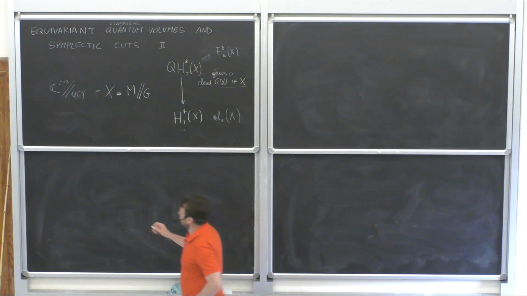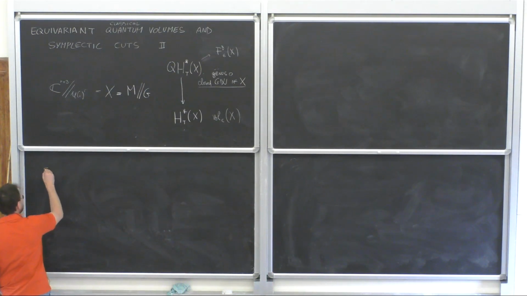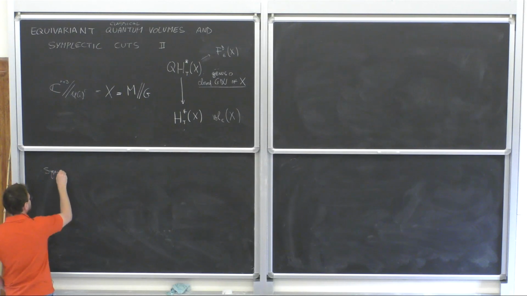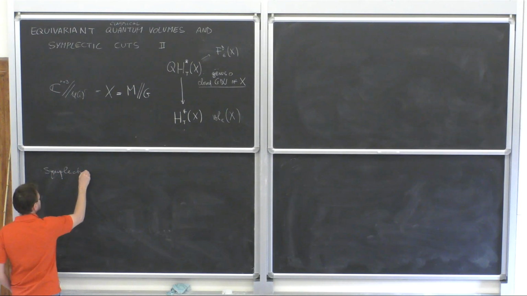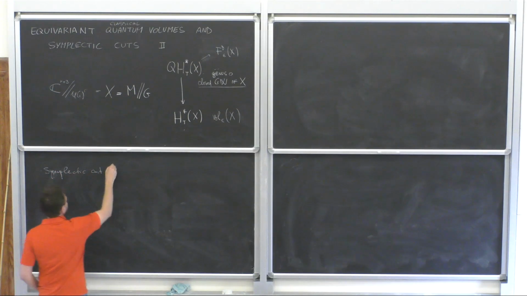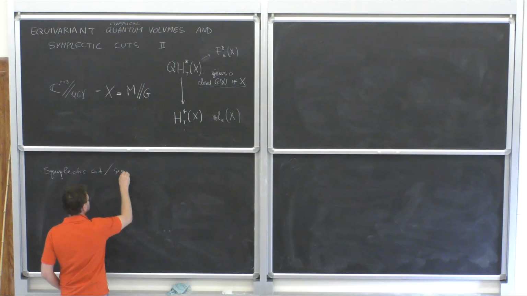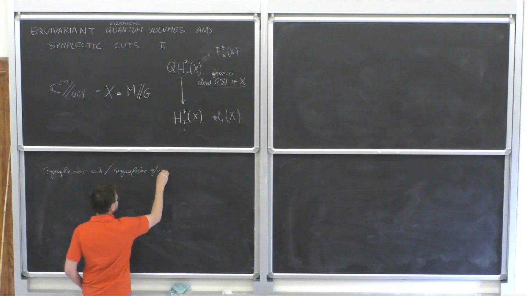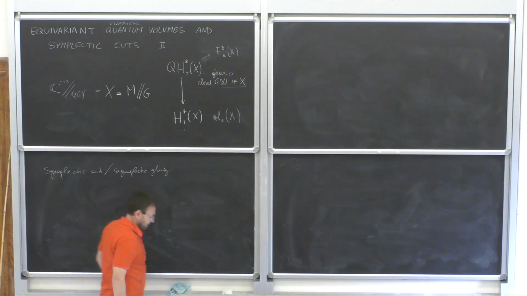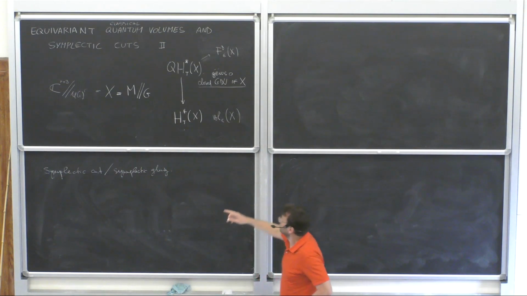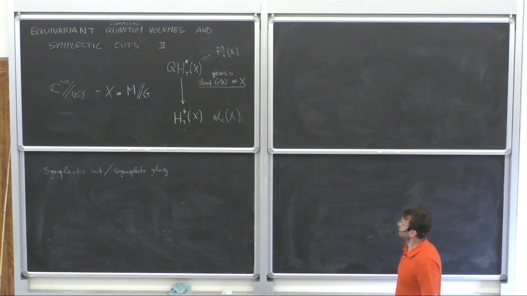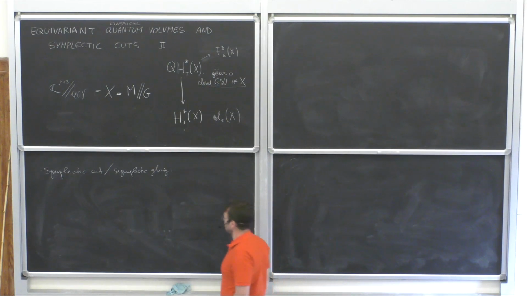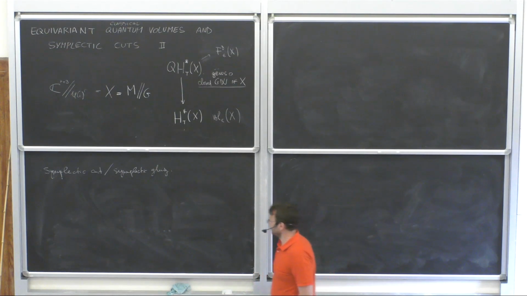So my main goal now will be basically to discuss this notion of symplectic cut, which actually has a partner, symplectic gluing. I will tell you how these notions appear in this picture and how you can extract open stuff out of doing certain manipulations.